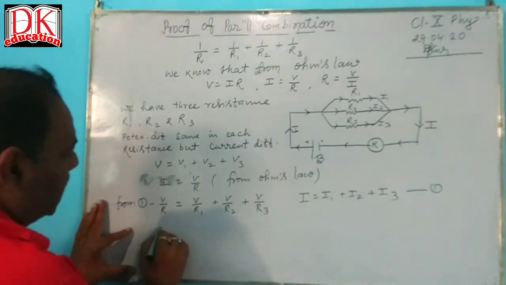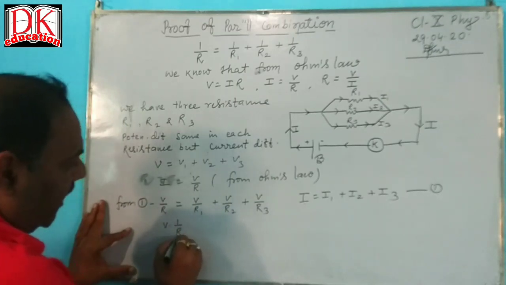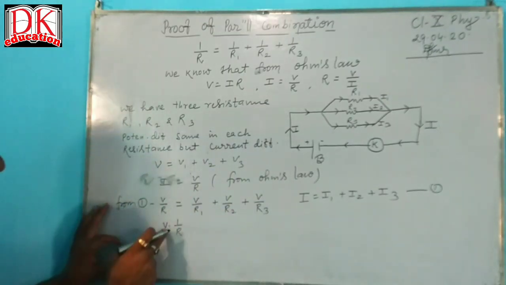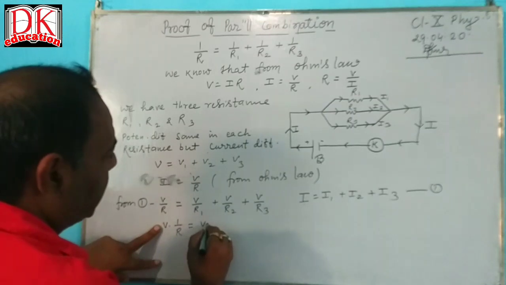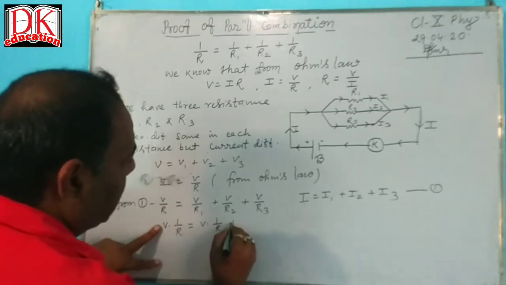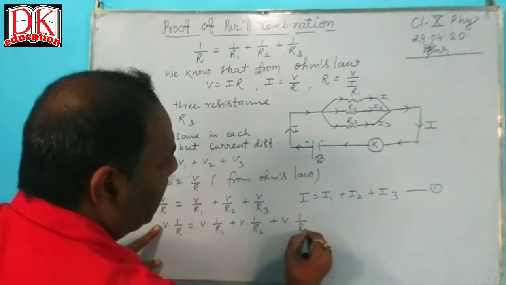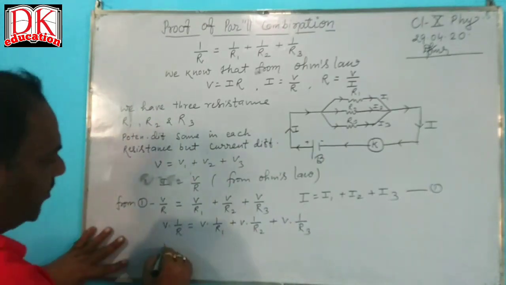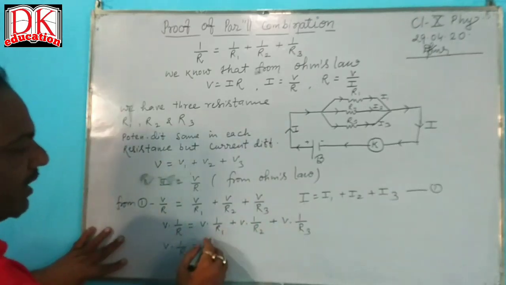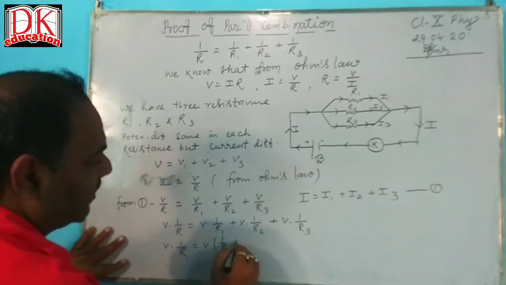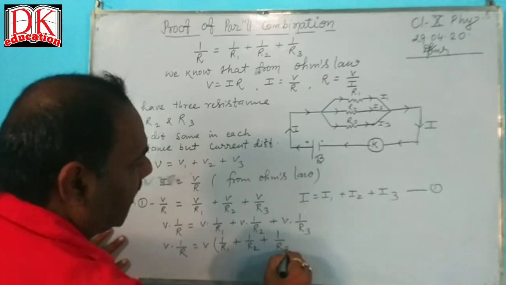If we write V by R as V into 1 by R, then it is V into 1 by R1 plus V into 1 by R2 plus V into 1 by R3. Using V as a common factor, the remaining quantities are 1 by R1, 1 by R2 and 1 by R3.